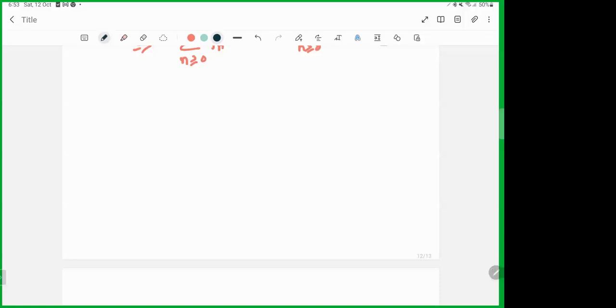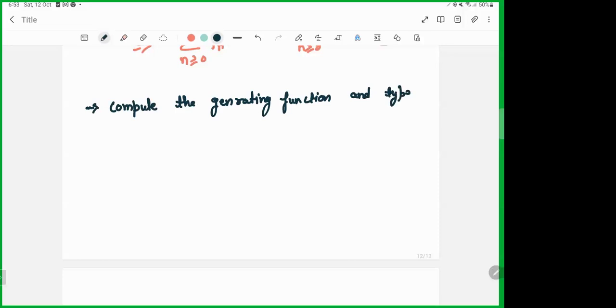Last one: compute the generating function and type generating series for the species of sets.